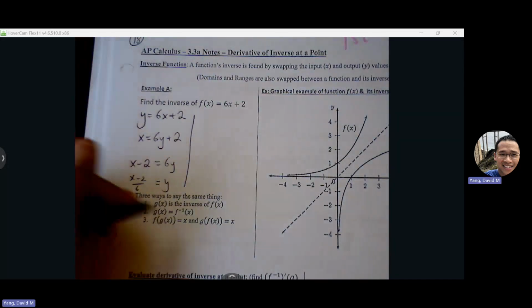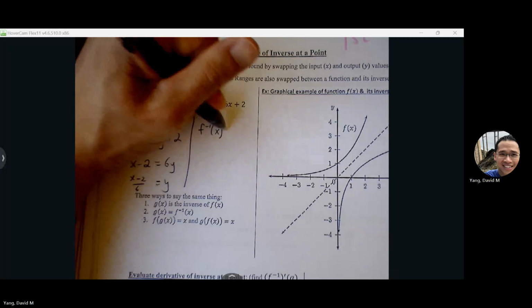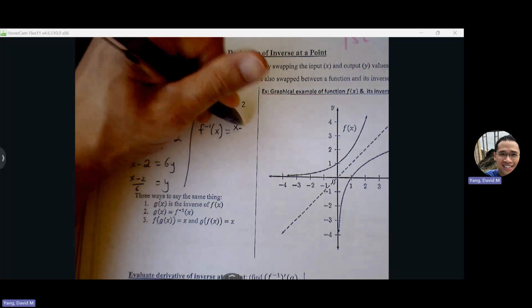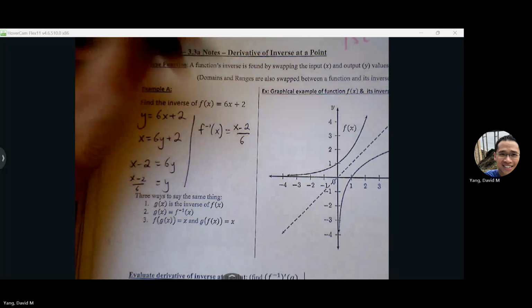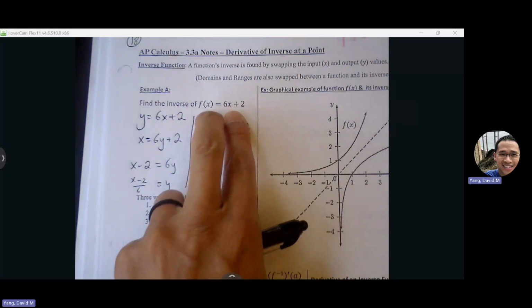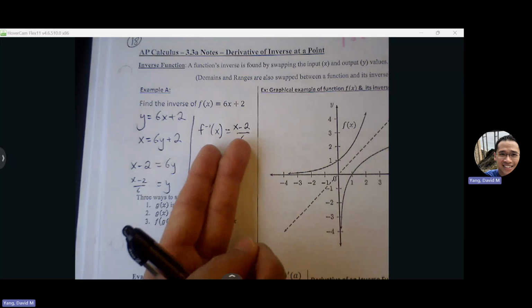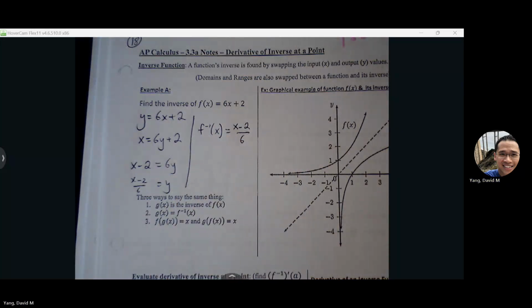So now we call that new y variable f inverse of x, which is equal to (x minus 2) over 6. So basically what we've done is all the x and y ordered pairs that are on the function get flip-flopped on the inverse function.